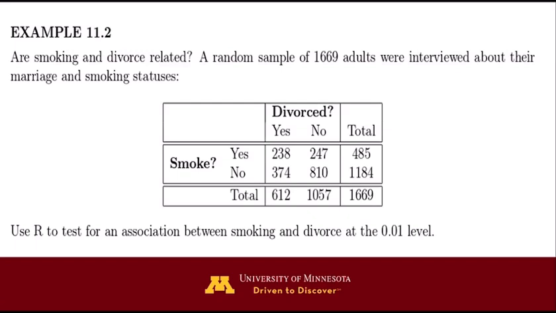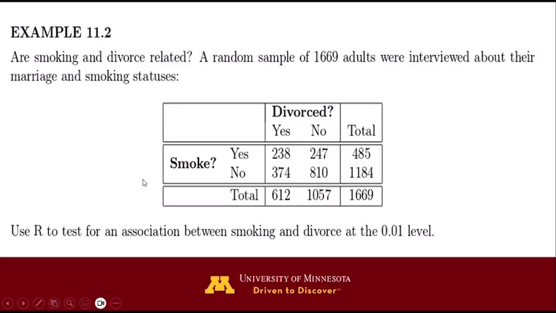Don't forget what you're given inside here. They are observed cell counts: 238, 247, 374, and 810. Just wanted you to take note of that.